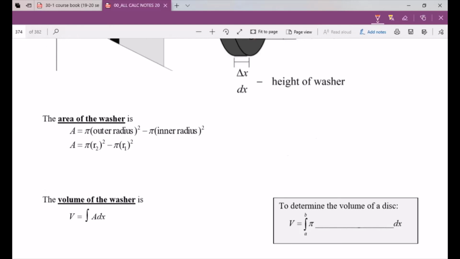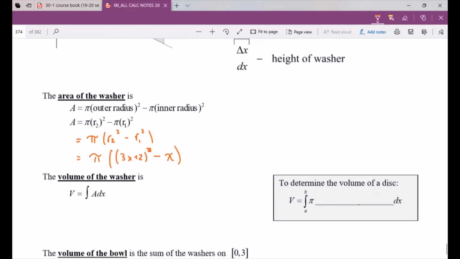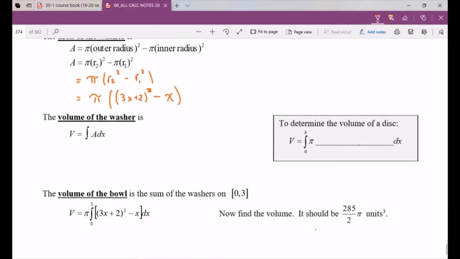This ends up being equal to pi times R2 squared minus R1 squared, just by factoring out pi. And in the case of our curves above, this would be (3x plus 2) all squared minus square root x all squared, which ends up just being x. That's the area of each washer.